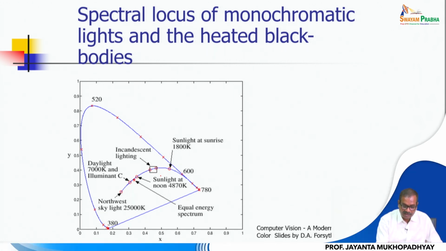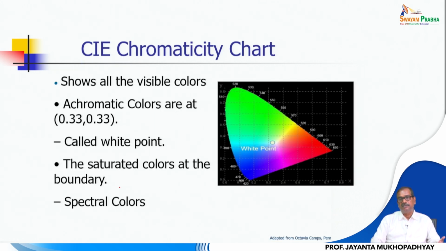You can see this is for the sunlight at noon, and 4870 K is the temperature for the black body radiator, and this is something like northwest skylight at 25,000 K, which is a bluish tint. So those things can also be observed through the scatter plot.